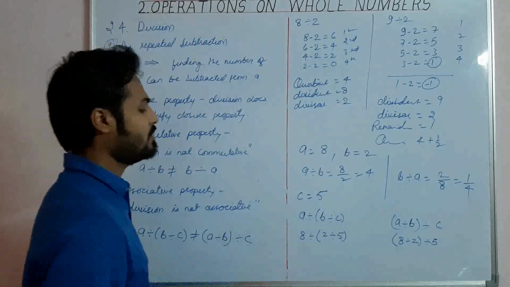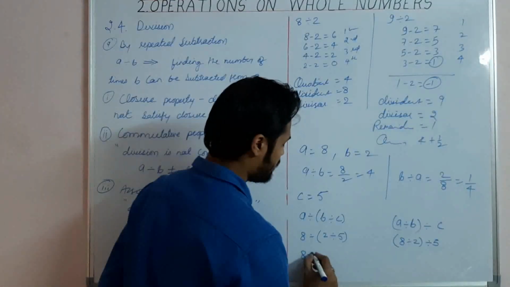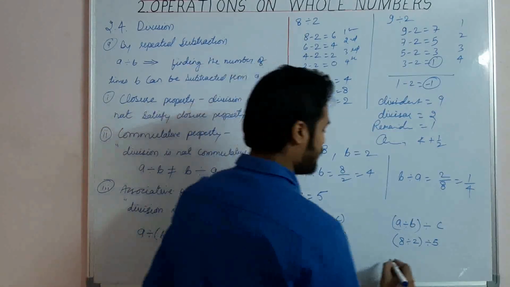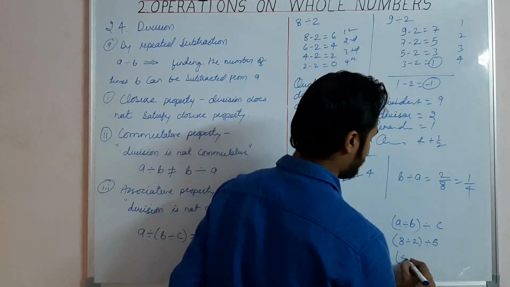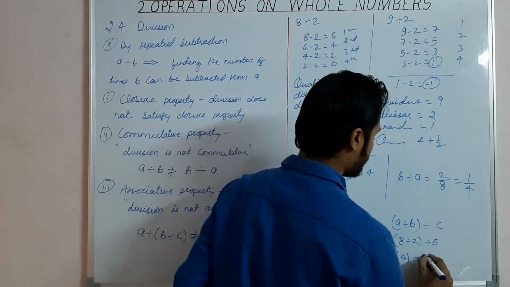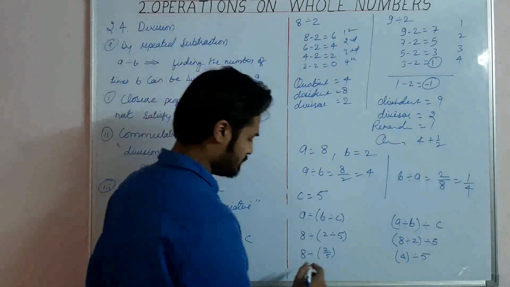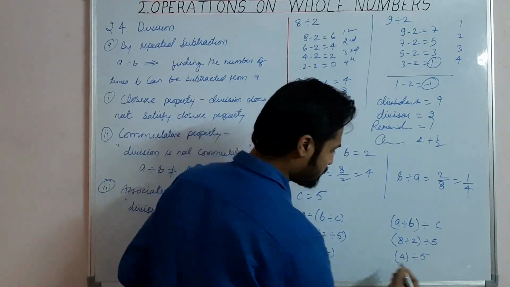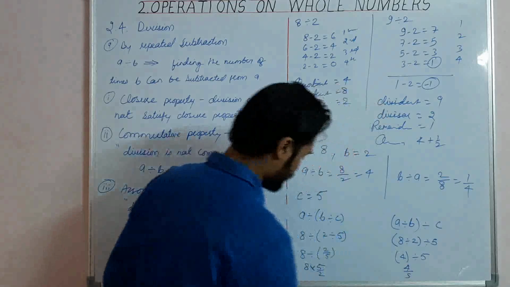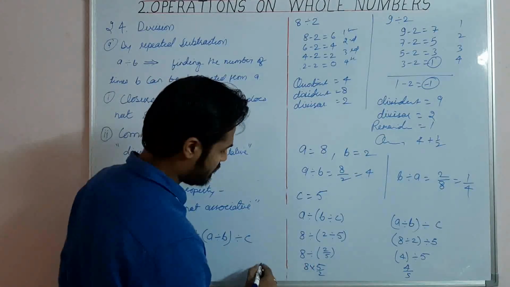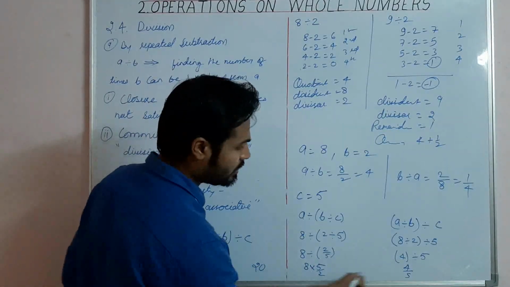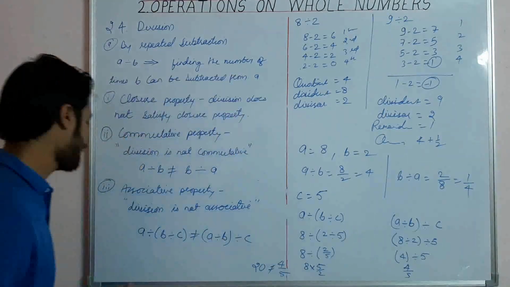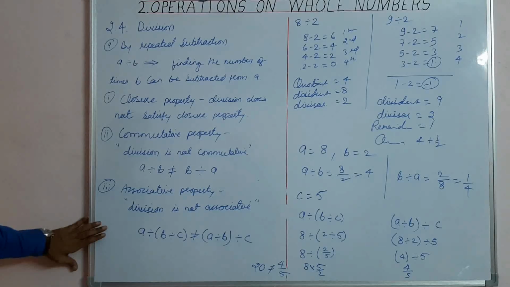Now if we solve it, we will get 8 divides 2 by 5, which is 20, and here 8 divided by 2 is 4, divides 5, which is 4 by 5, which is not equal. So division is not associative also.